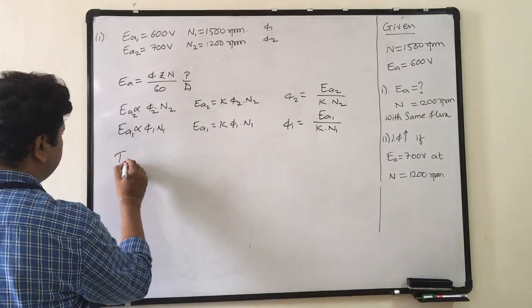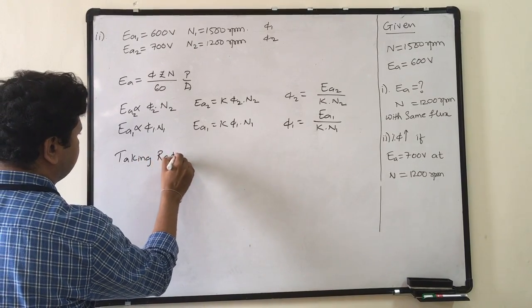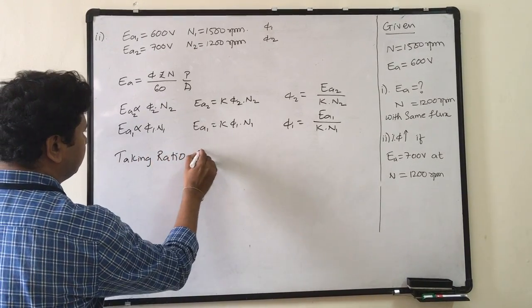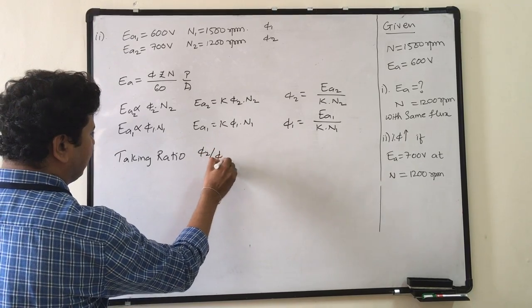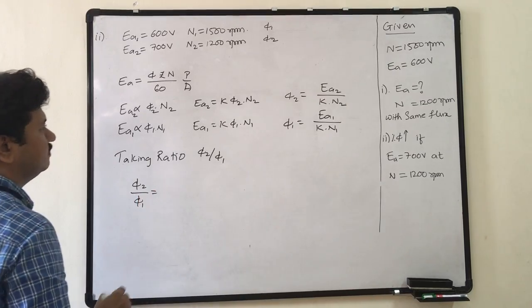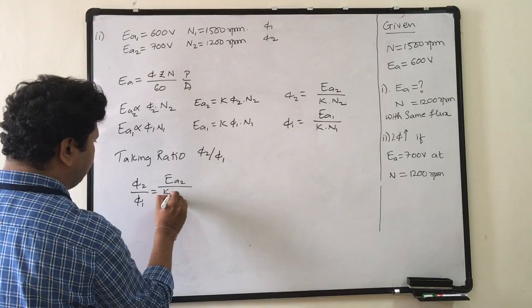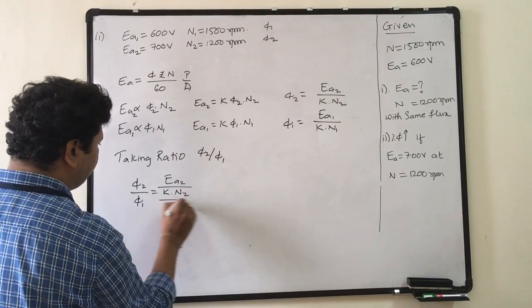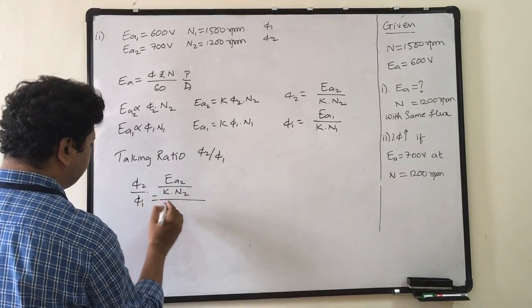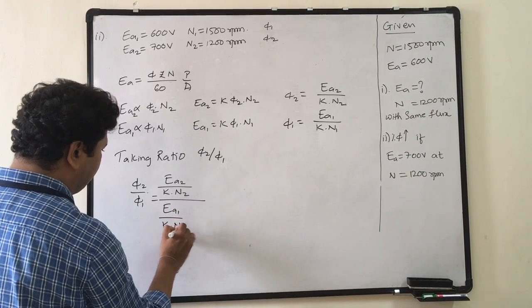Taking the ratio, phi 2 by phi 1 is equal to EA2 by K N2 divided by EA1 by K N1.